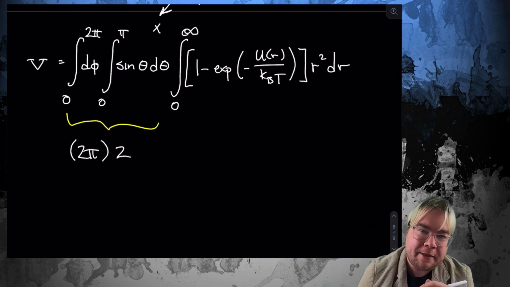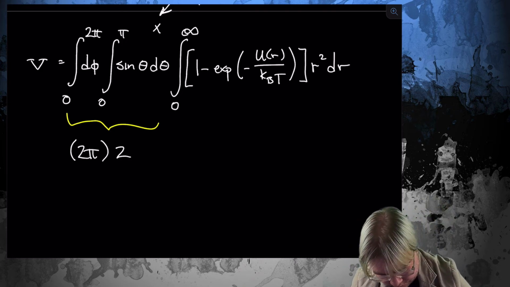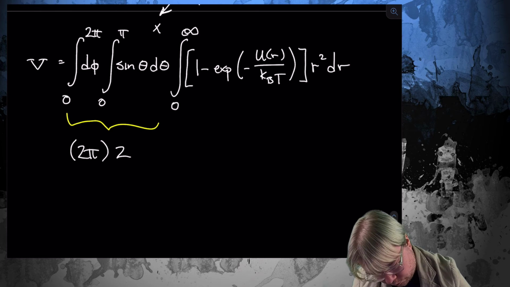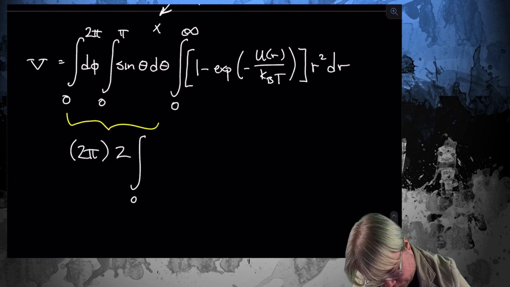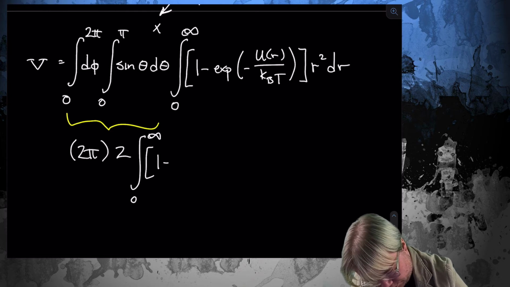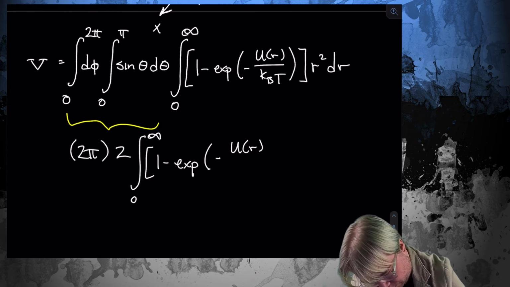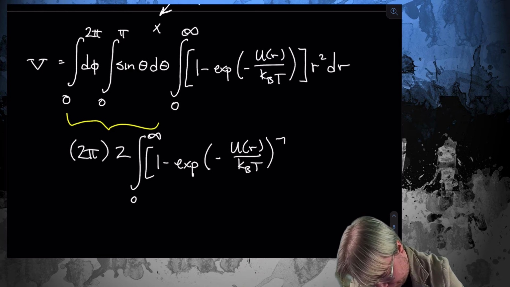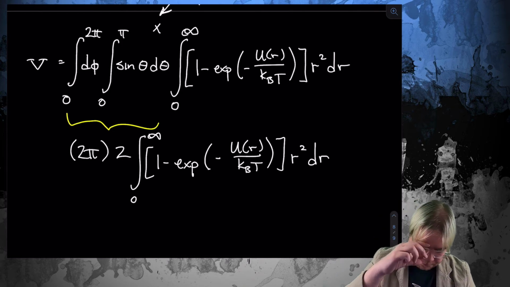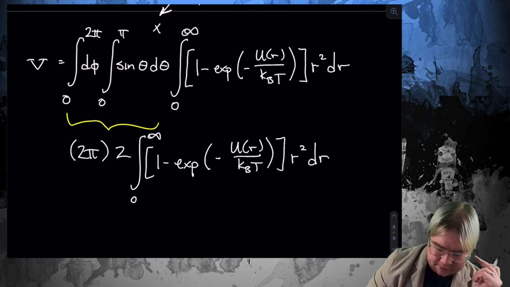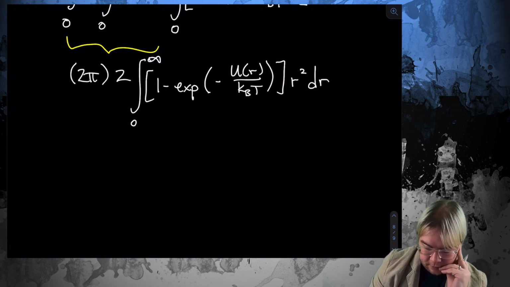So we get a 4 pi up front, and then what we're left with is 0 to infinity of 1 minus the exponential of minus u of r over kBT times r squared dr. And you think, wow, this is a bit of a mess.